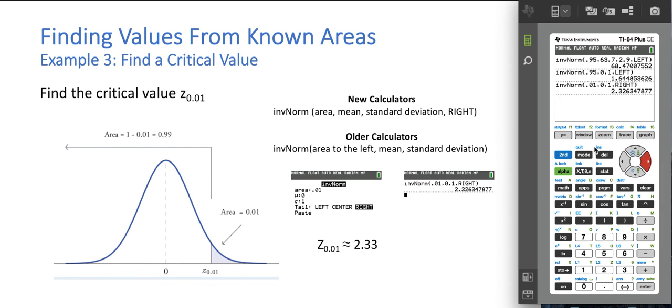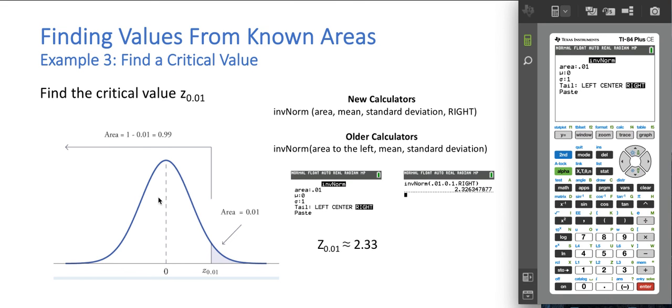If you're doing that on the older calculators, let me clear this and show this to you. When you press second distribution and inverse norm, remember this wizard doesn't show up that helps you put in that information. You have to put it in yourself, separating with commas. So on the older calculator, you're going to put the area to the left.